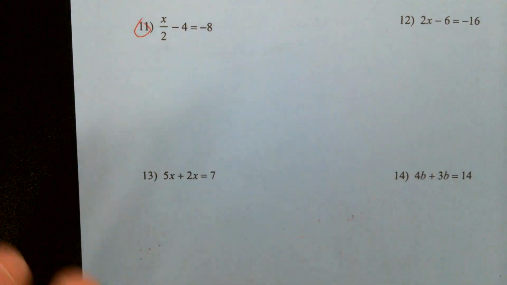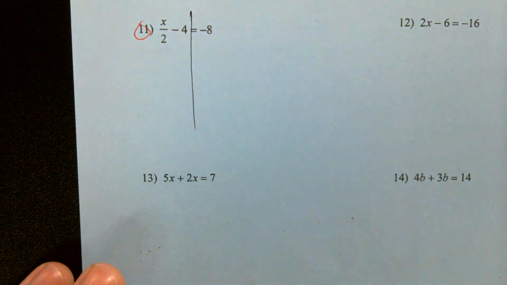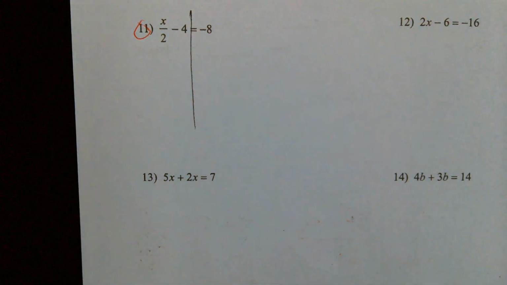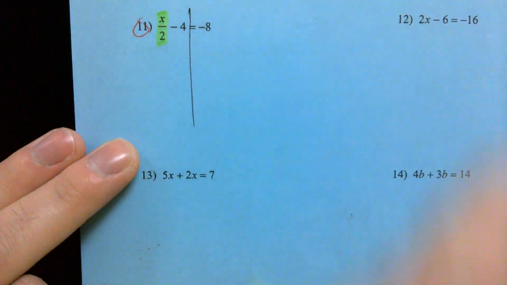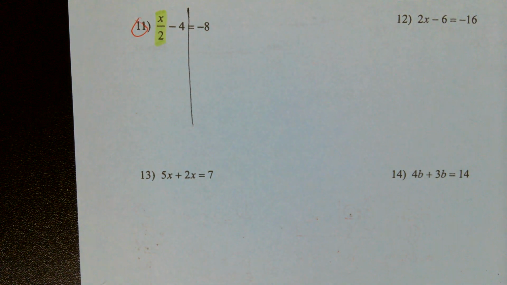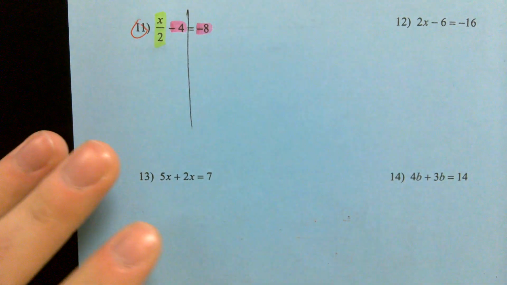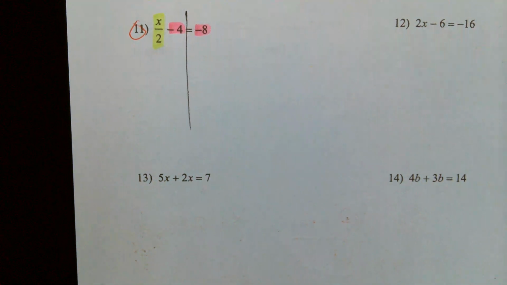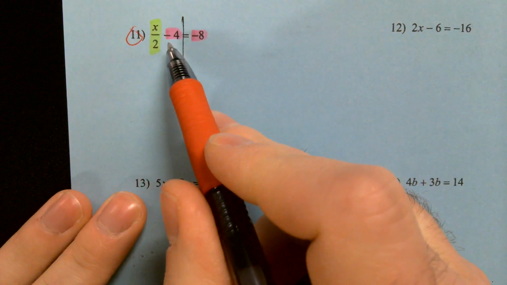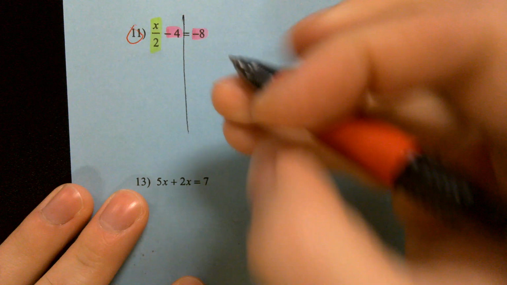Flipping over to the back, 3 more to go. Number 11 on the top. Ooh, another fraction. We got a little bit more going on with this one, though. I'm going to highlight this. X over 2, although it's not the prettiest, it's still a variable term. -4, that's constant. -8, that's constant. So naturally, I want these pink terms to combine.